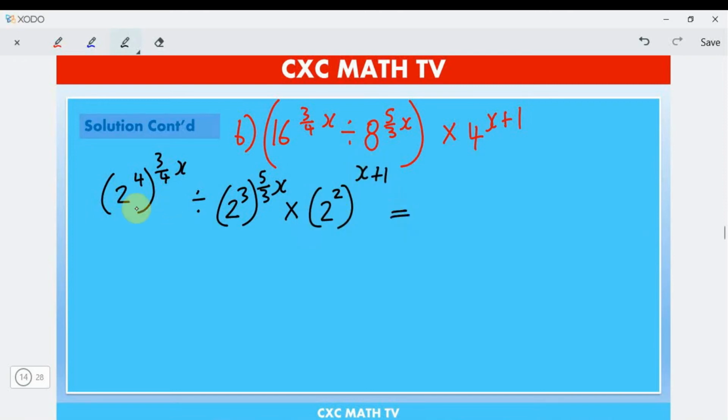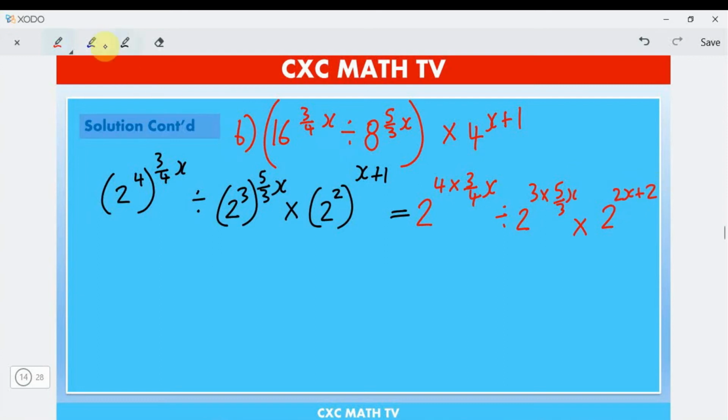We can then simplify this to be 2 raised to the 4 times 3 over 4x, divided by 2 raised to the 3 times 5 over 3x, multiplied by 2 raised to the 2 times x plus 1, which is just 2x plus 2.